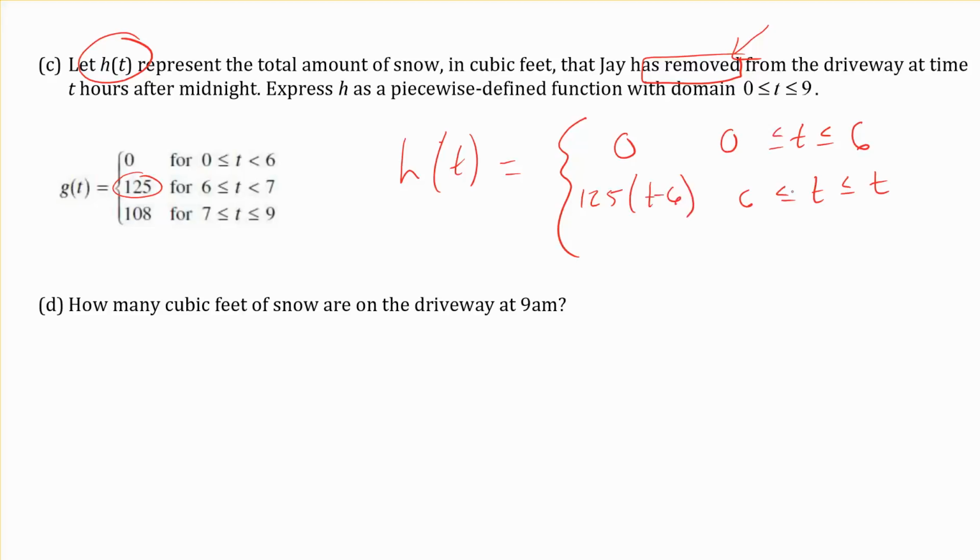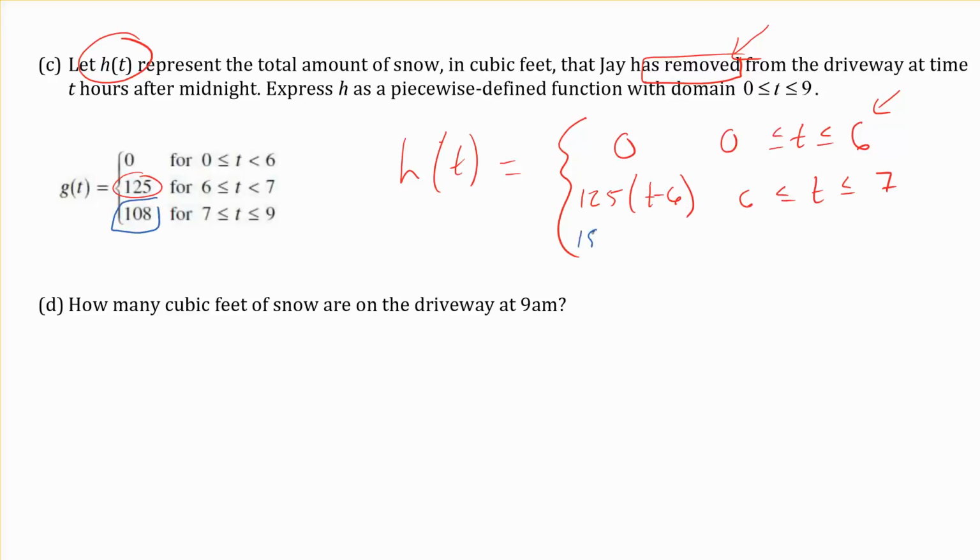Why is it t minus 6? Well, because it's defined from 6 to 7. So when I put 6 in, I should get a 0 out. If you just put 125t, you're going to get a large number. So you got to remember that point slope form, which, if you would have got that right, of course, I think you'd have got the next one right.